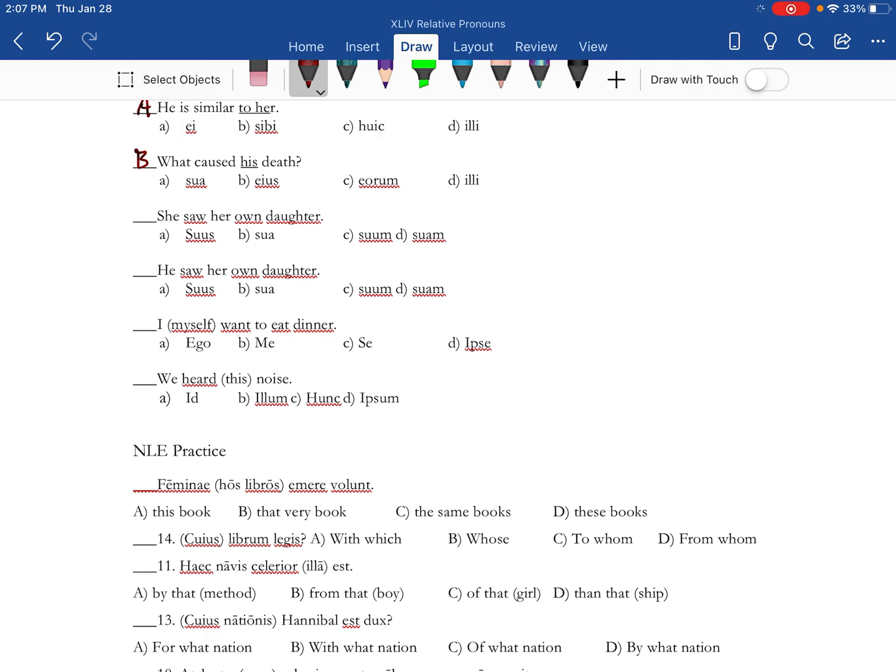She saw her own daughter. Her own is reflexive, but it's matching this, so this should be D. Little mistake here, switch that to his. He saw his own daughter. Now this is going to be D as well, because although it's a reflexive adjective and the subject is he, daughter is still feminine accusative singular.